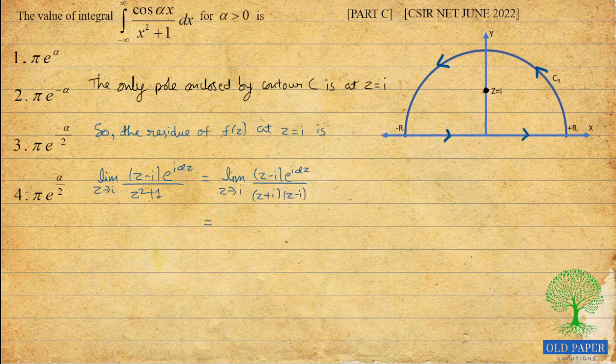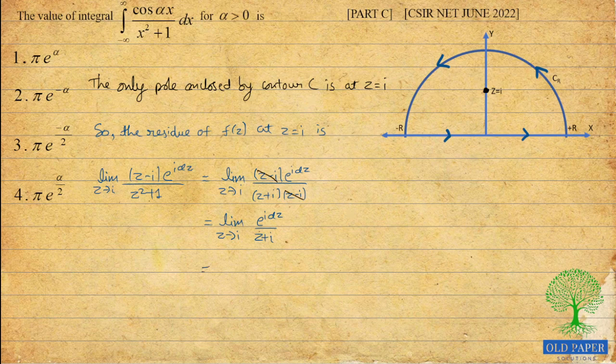So we get limit as z tends to i, e to the power i alpha z upon z plus i, since the similar terms z minus i and z minus i are cancelled out.